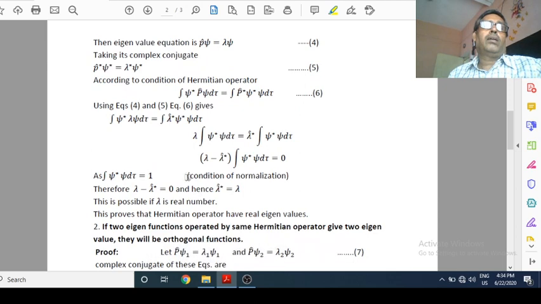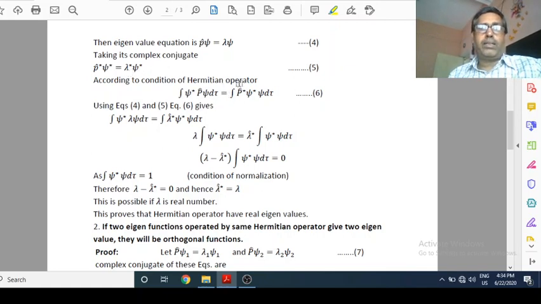See here, then the eigenvalue equation: P operator psi is equal to lambda psi. What is lambda? Lambda is the eigenvalue. Taking its complex conjugate, you are aware that whenever we take the complex conjugate of any quantity, we write it using an asterisk, or you may say star simply. So P operator psi star equals lambda star psi star.